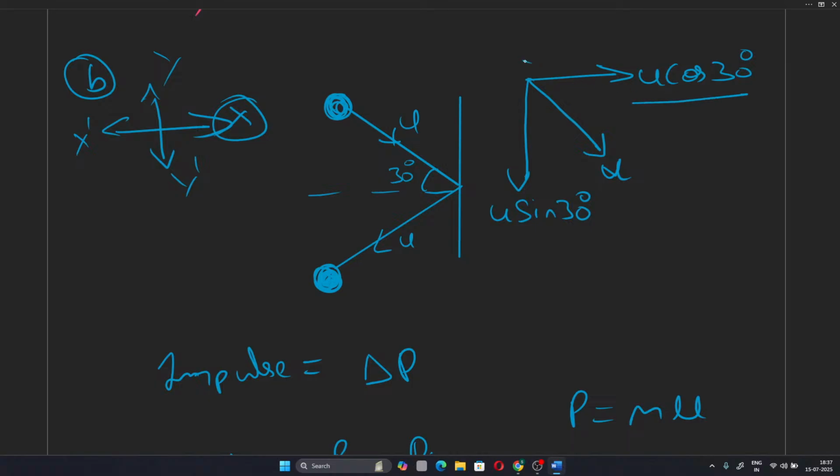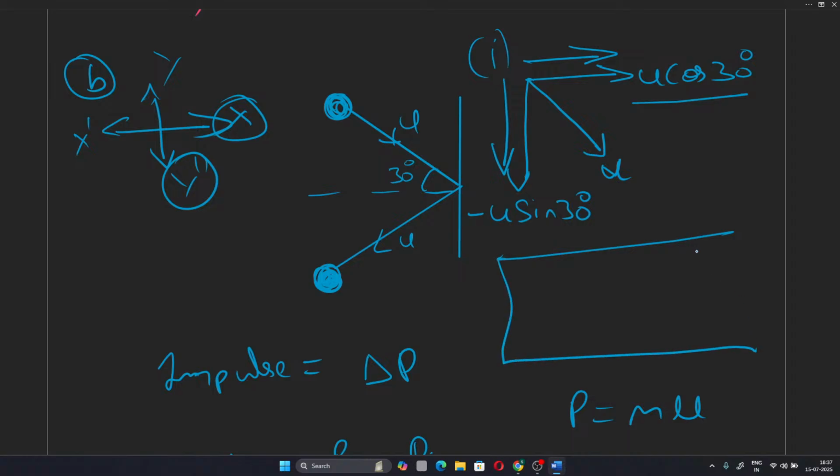But this one is acting downwards, which is basically y dash, so it is negative. That is the reason. And when we resolve the second vector after reflection, it is resolved into two vectors of minus u cos theta and minus u sine theta.